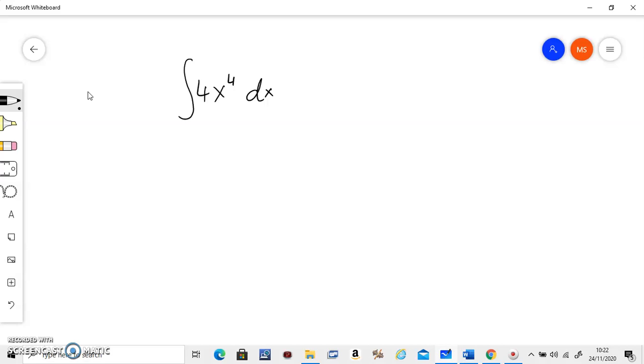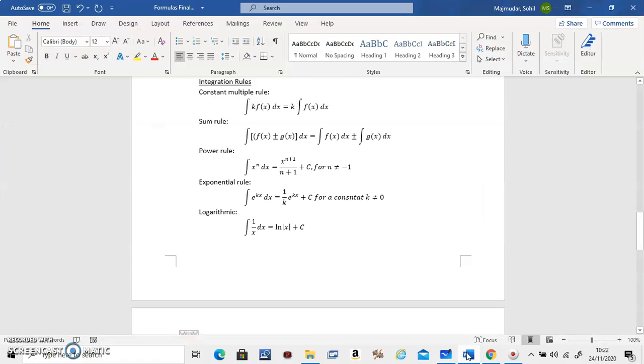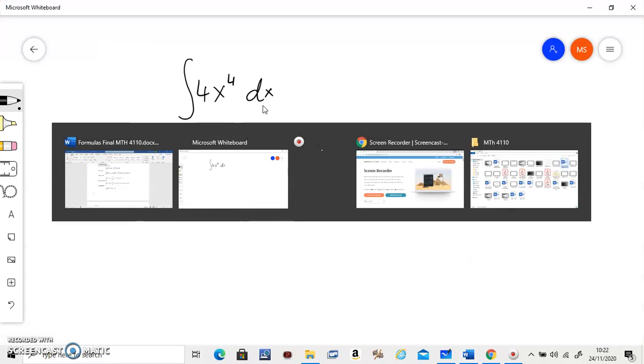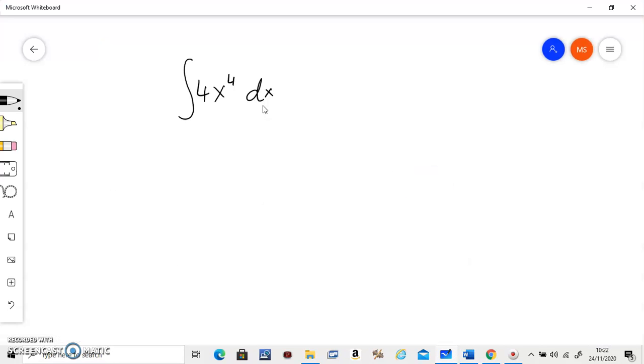If I give you a problem like this, you should go to the list of formulas and apply the formula. The first one is the constant multiple rule. If there is a constant before the function, just like differentiation, the constant remains as it is, and you only apply the integration to the function. So remember, the constant needs to go out of the integral.